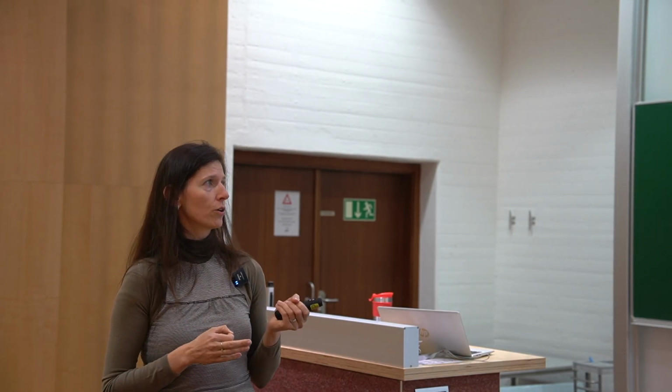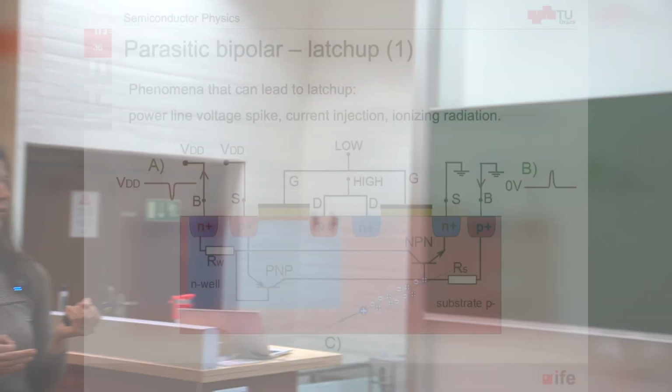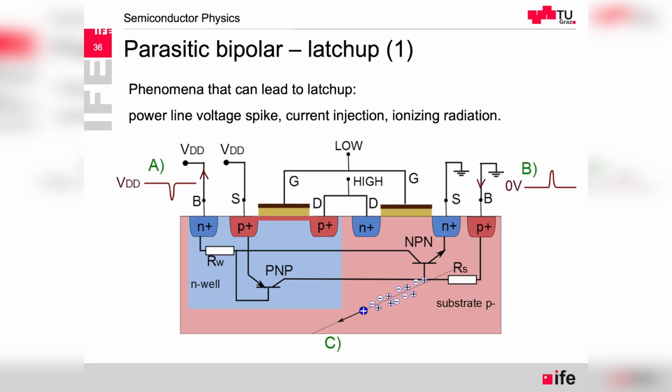And because I'm talking about these protection devices, I would like to also show an effect called latchup that happens in the CMOS technologies, where we have complementary PMOS and NMOS transistors. We will be talking about it in the next part, about the operation of these devices.